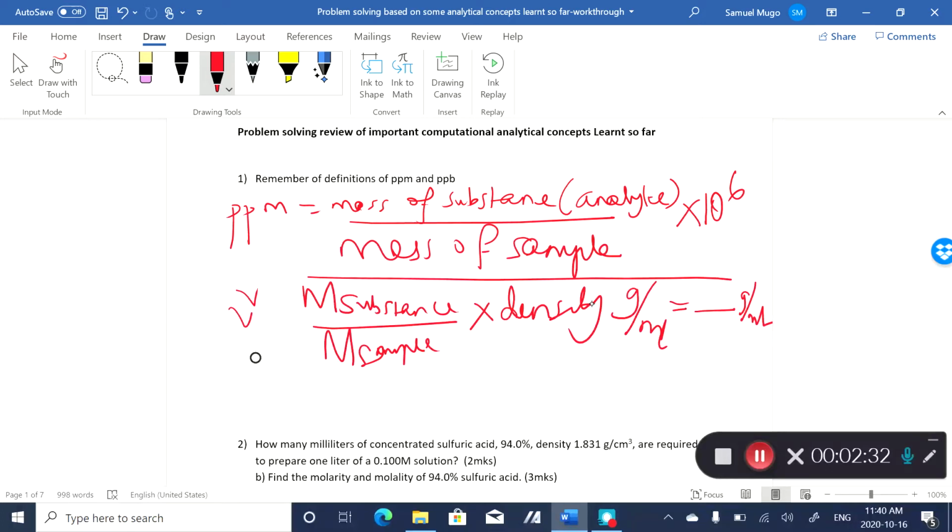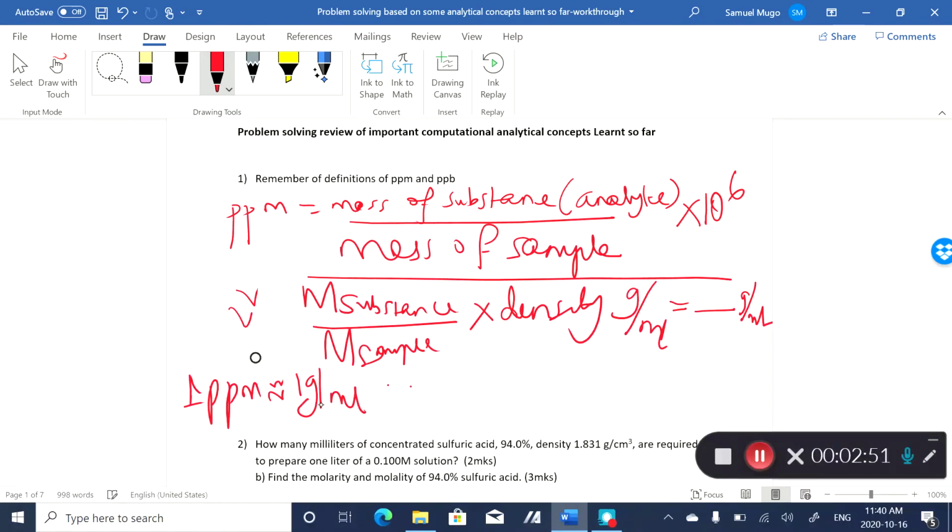Now, if you're dealing with only 1 ppm of your substance, chances are the density of such a solution is very, very close to the density of water, and that would be 1 gram per mil.